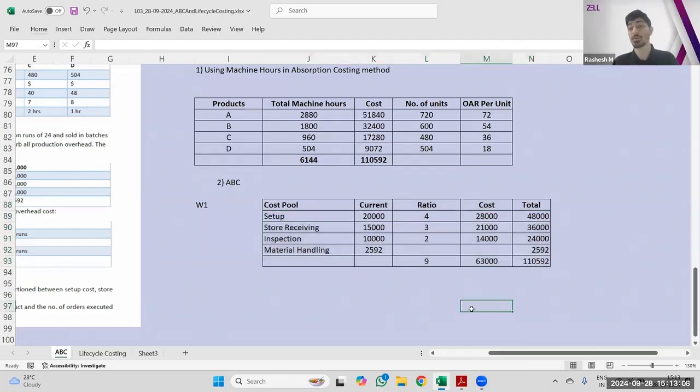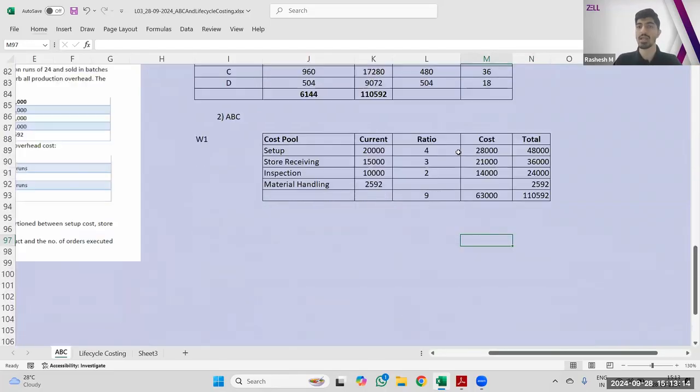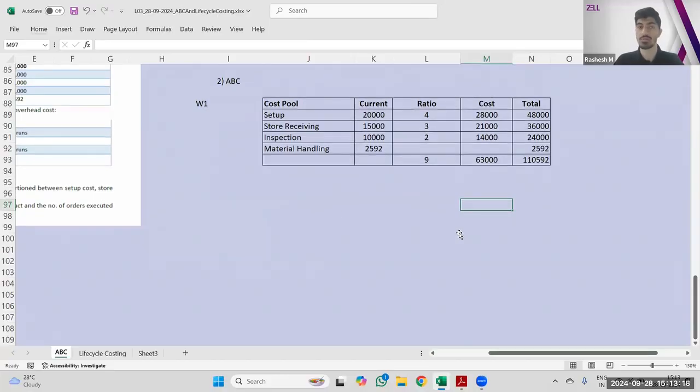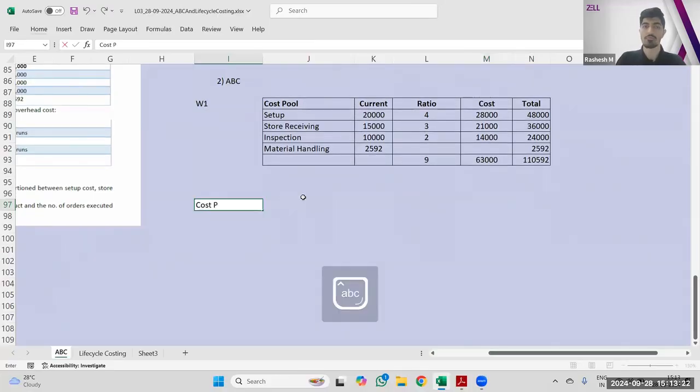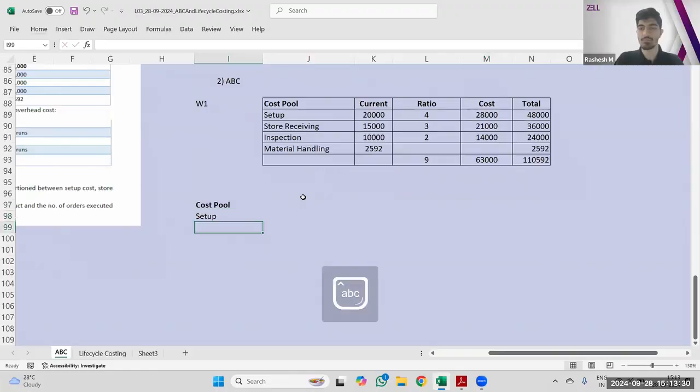All right, now that we have our total costs, all we need to do is prepare the same exact table like we did in here, and we will have our answer. The only challenge here is going to be to find out the cost drivers. So let's do it with patience. First and foremost, how many cost pools will come here now? 4. Not 5, right? So I'll be a little bit lazy and I'll write it.